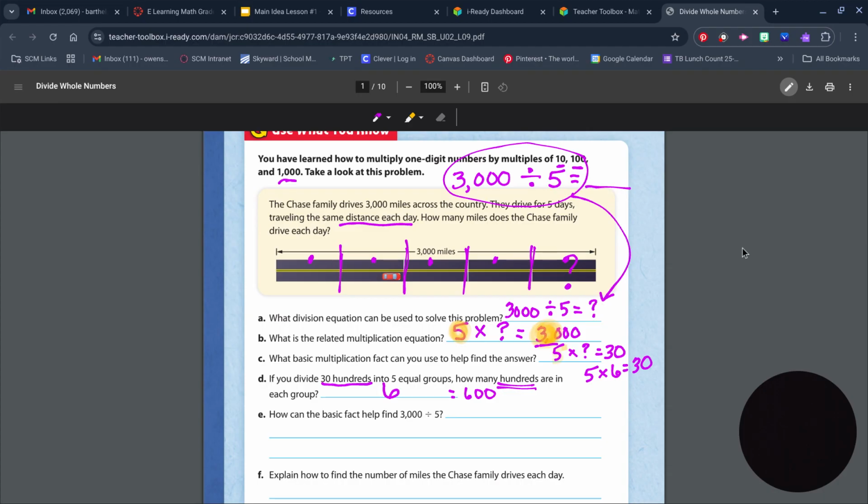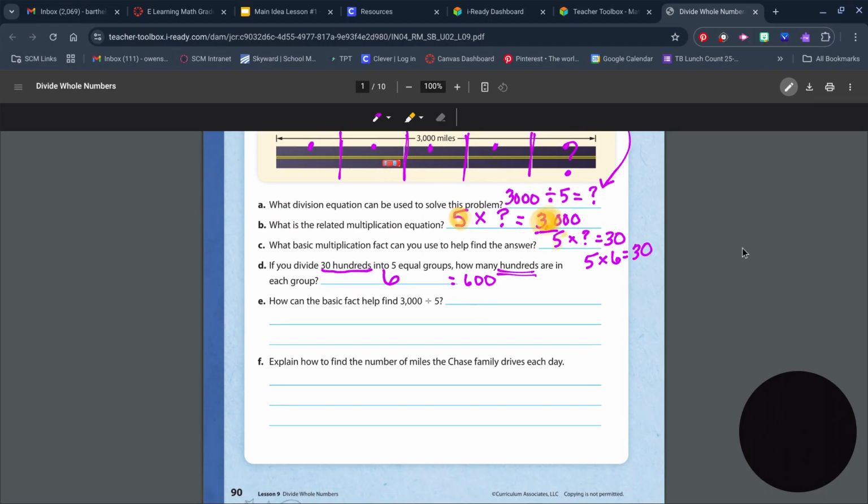So if I know 30 divided by 5 equals 6, or 5 times 6 equals 30.